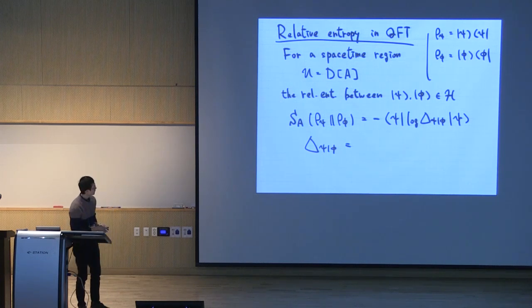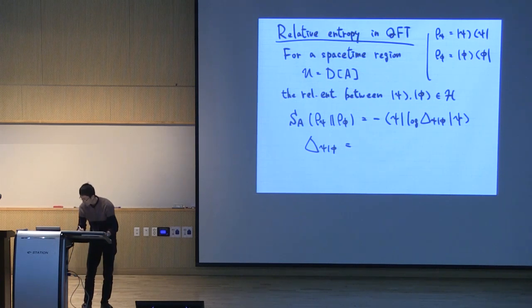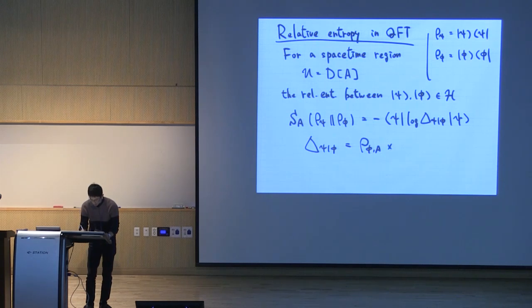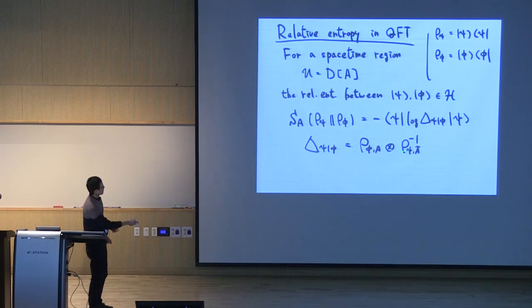But in the type 1 case, you can give a very concrete expression. You have rho phi, the reduced density matrix of phi, times rho psi in A bar, the reduced density matrix on the complementary region A bar, but here with an inverse.